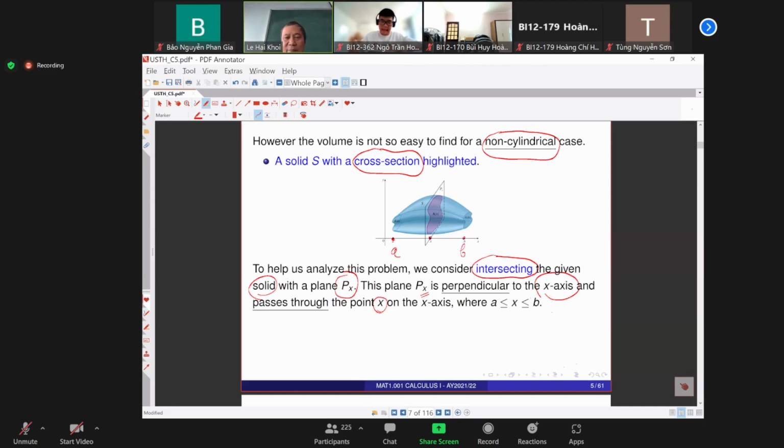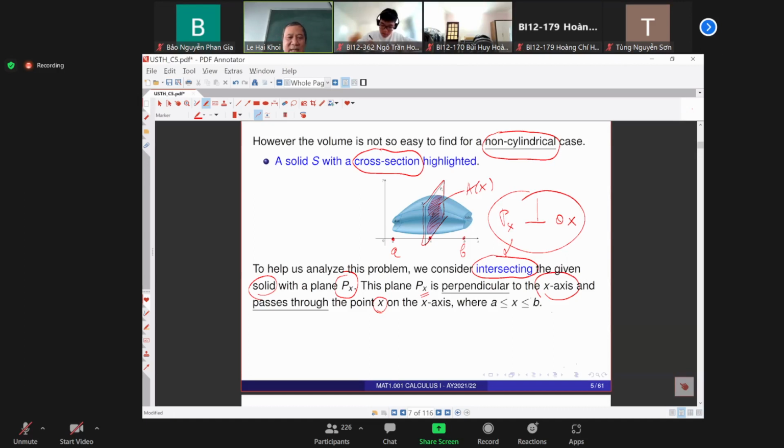At that x, we take P_x as the plane perpendicular to the x-axis, which means that P_x is perpendicular to Ox. Then we have the area A(x) of the cross-section between P_x and the solid.